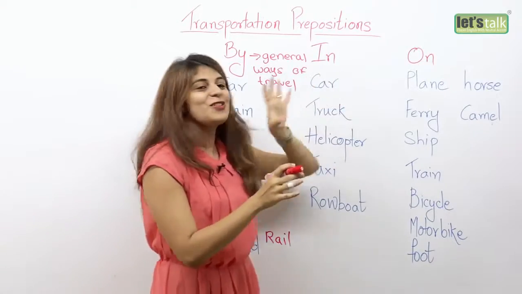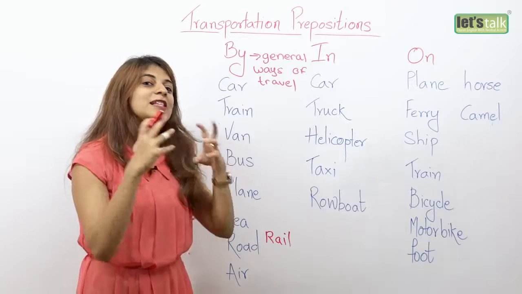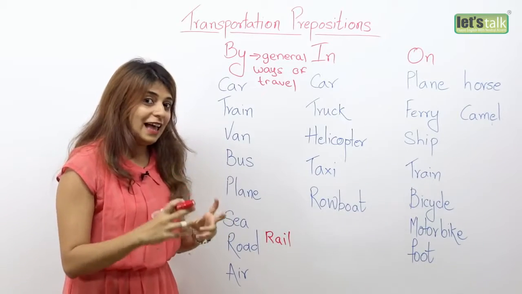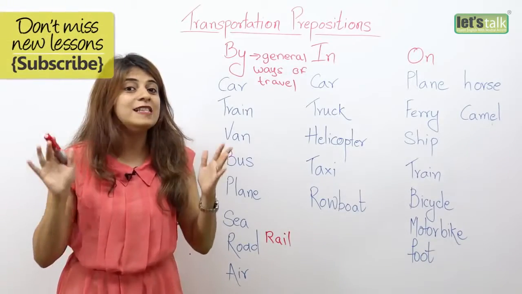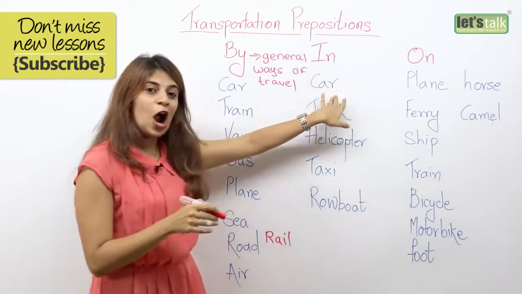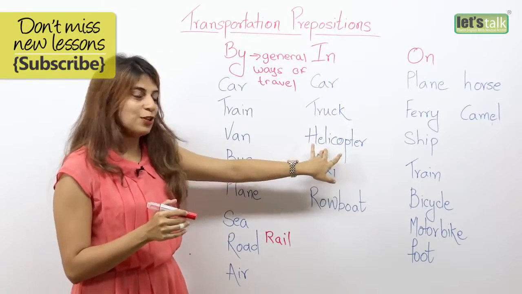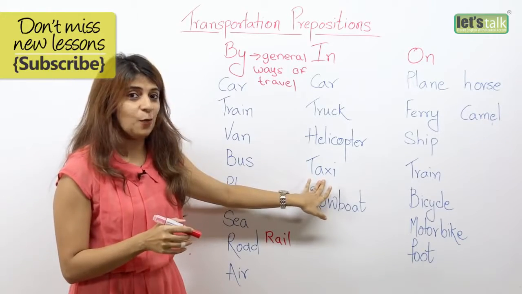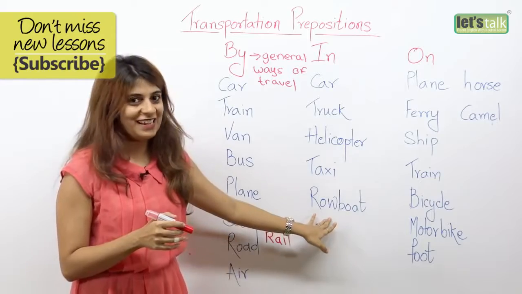Just make sure that you use the preposition in when you are talking about a specific vehicle and the vehicles that you can sit inside and not stand in while in motion, right? So, you sit in a car, you sit in a truck, you sit in a helicopter, you sit in a taxi, well, I'm in a taxi, and you sit in a rowboat, right?